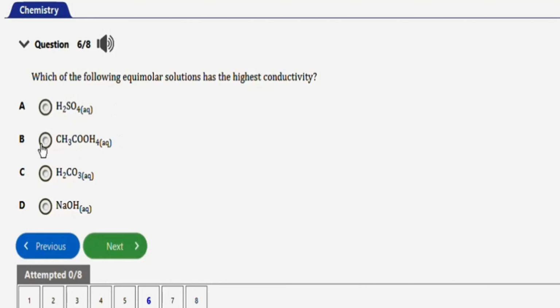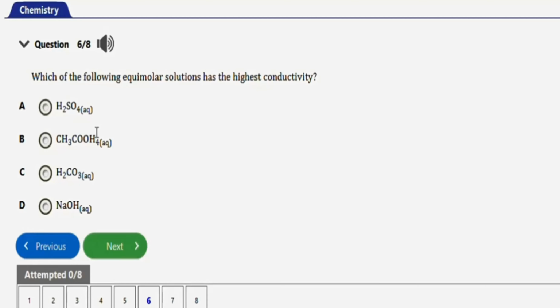Then this option B is looking like ethanoic acid, though I'm not sure. So the right option in this question will be option A, that's our concentrated tetraoxosulfate 6 acid, or sulfuric acid.